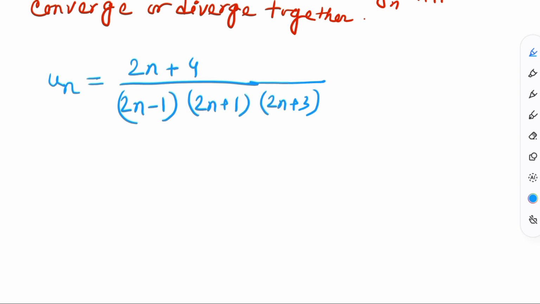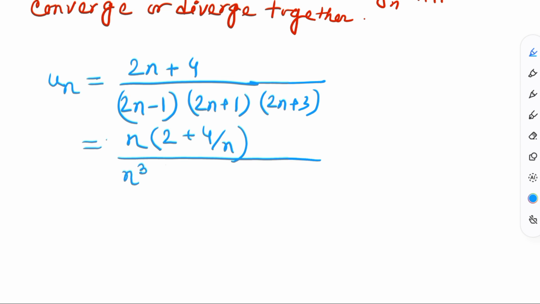As we said earlier, the numerator is a polynomial of degree 1 and the denominator is a polynomial of degree 3. Just take the highest power common. Here we take n from the numerator, which becomes 2 plus 4 by n, and from the denominator we can take n cube out and write it like this.